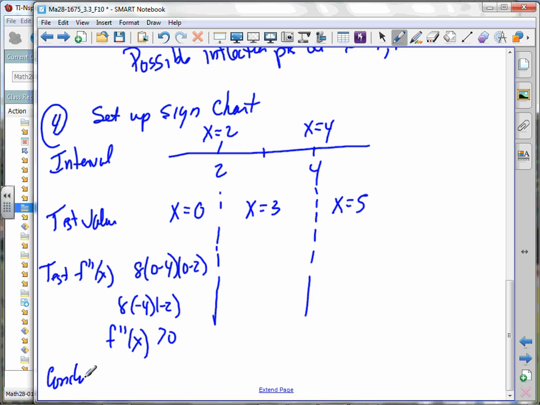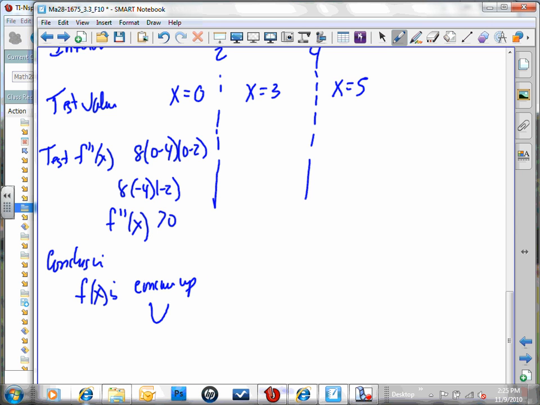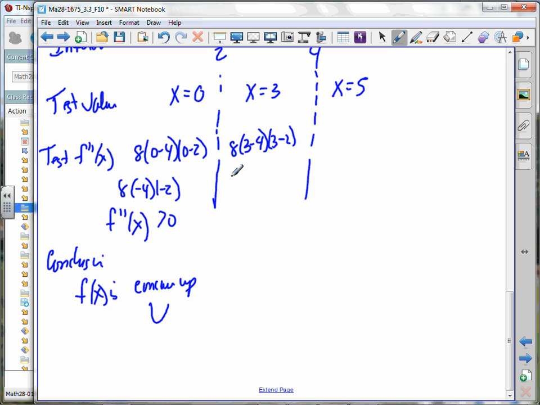My conclusion is that f of x is concave up, looking like that. Try my next one. So that's 8 times negative 1 times 1, my second derivative. Negative. Okay. So my conclusion is that the function is concave down.